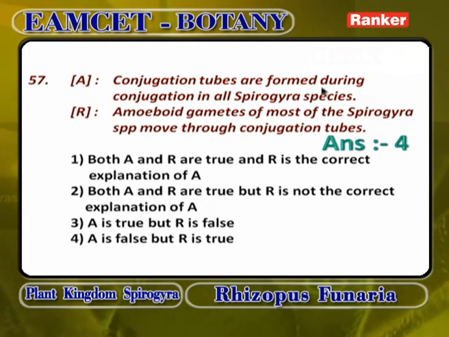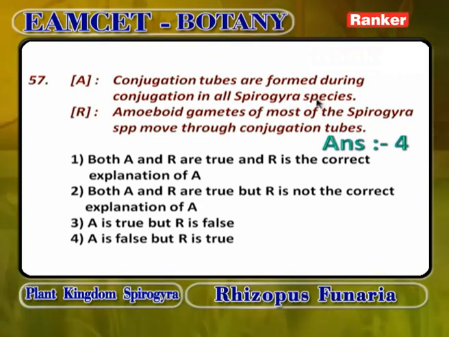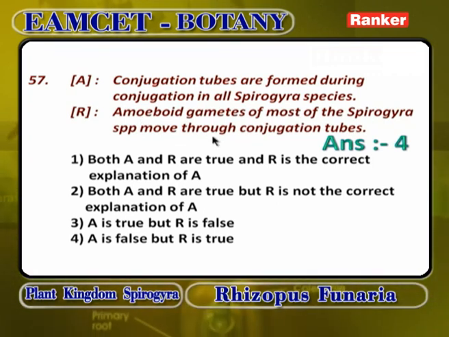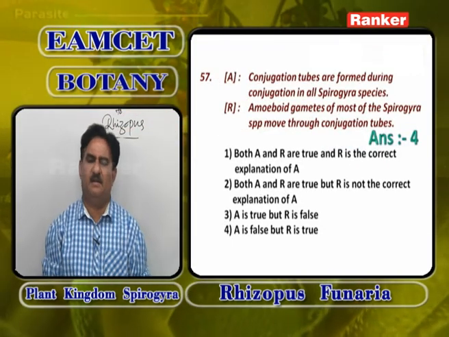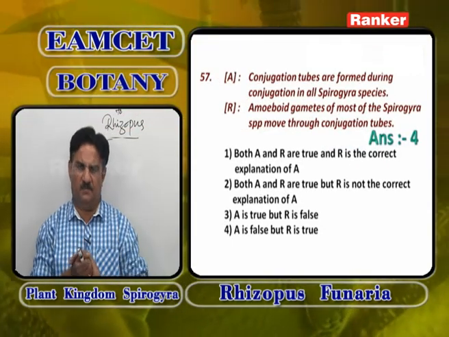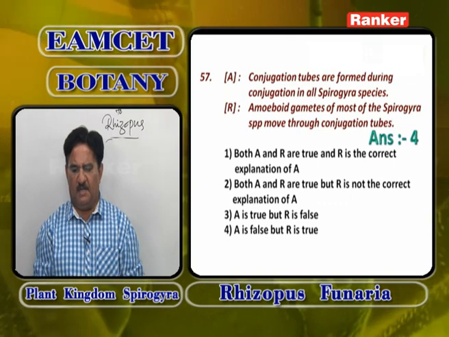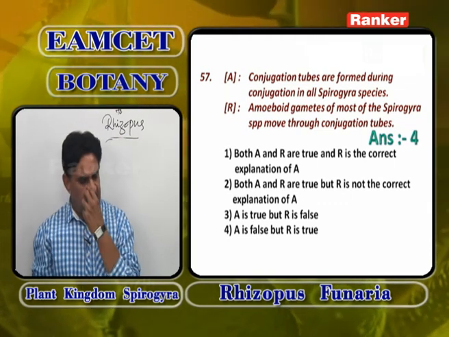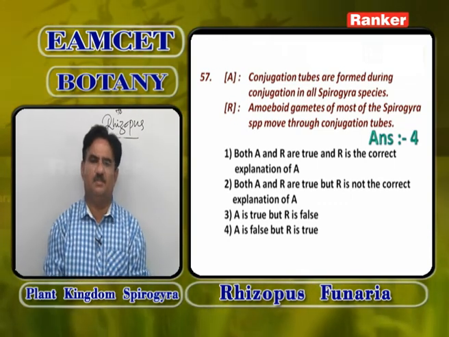Conjugation tubes are formed during the conjugation in all Spirogyra species. Amoeboid gametes of most of the Spirogyra species move through conjugation tubes. Conjugation tubes are formed during conjugation in all Spirogyra species is wrong, because in Spirogyra jogensis, where direct lateral conjugation takes place, no question of formation of conjugation tubes. But amoeboid movement of most of the Spirogyra species through the conjugation tube is correct.